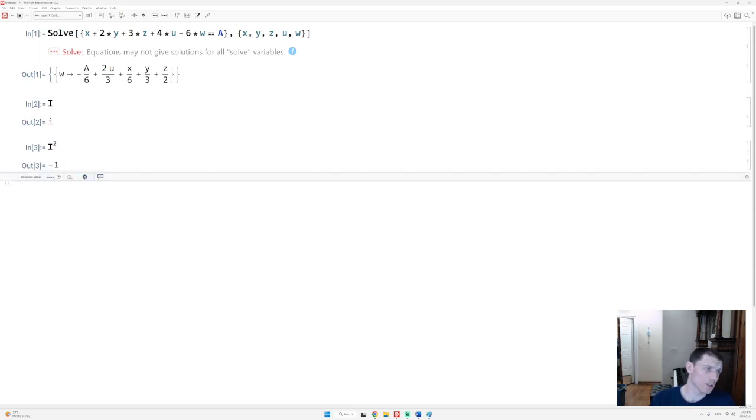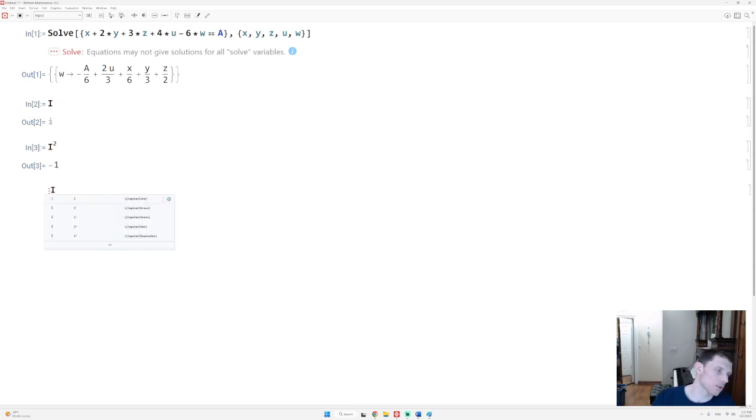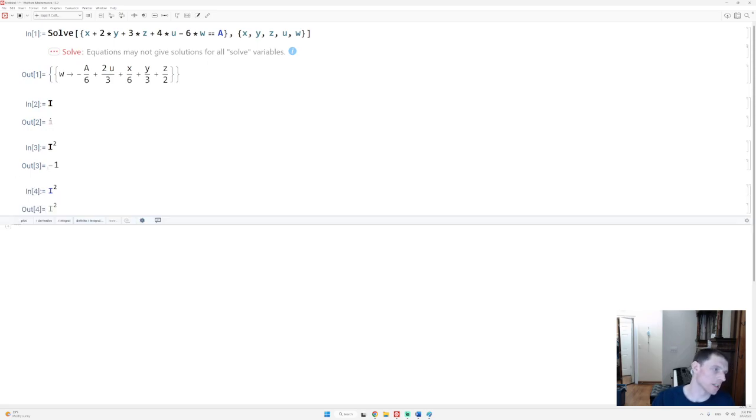So if you want to use I in your work in Mathematica, you can press escape, then hold down shift and I, and then just use the iota. Because this looks almost exactly the same as a capital I, but now Mathematica won't take this to mean the square root of -1. For instance, if I ask what iota squared is, it just gives me iota squared back. It doesn't give me negative one.